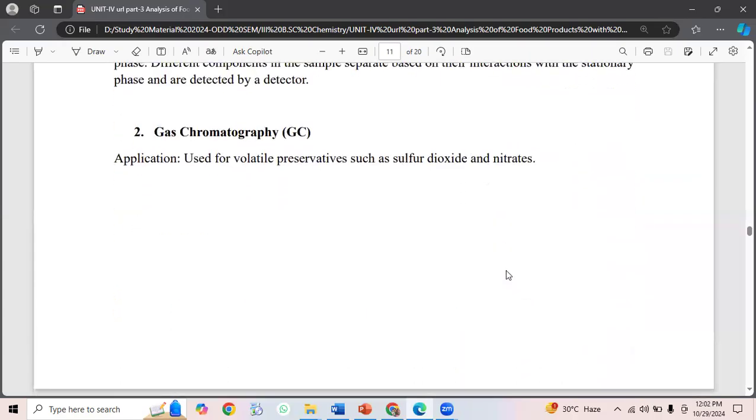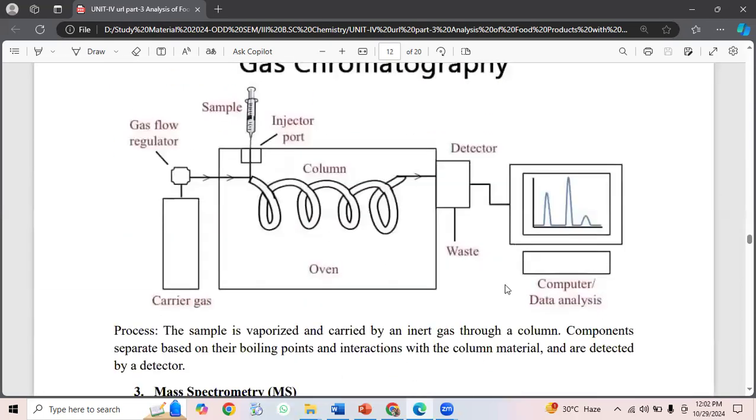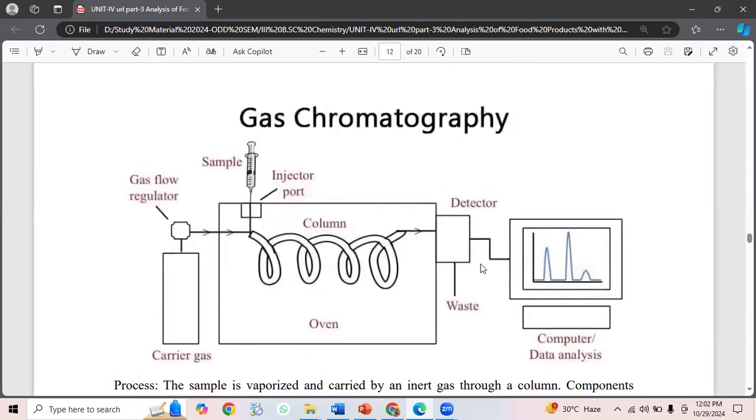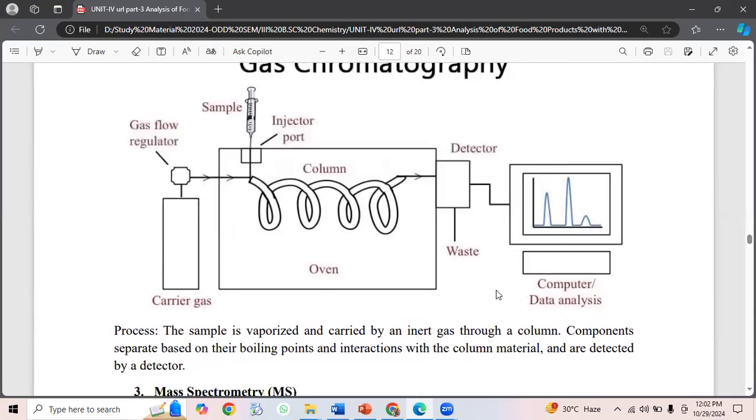The second instrument is gas chromatography. By using this GC method, how are we going to analyze the food? This is the diagram to identify the components by gas chromatography. This is the gas flow regulator.